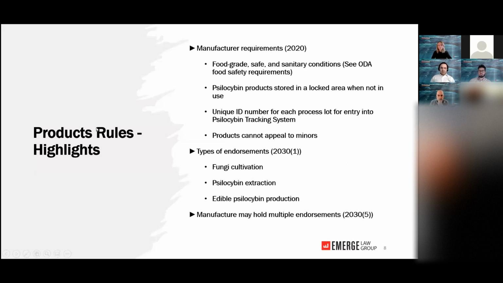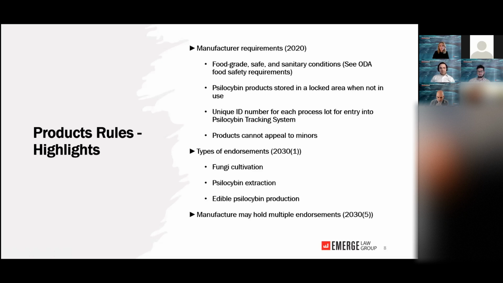In the rules, we also have some requirements for what the manufacturer license must do. So of course, the manufacturer license is necessary for manufacturing any of those product types. The manufacturer has to follow typical Oregon Department of Agriculture, ODA, food safety requirements.